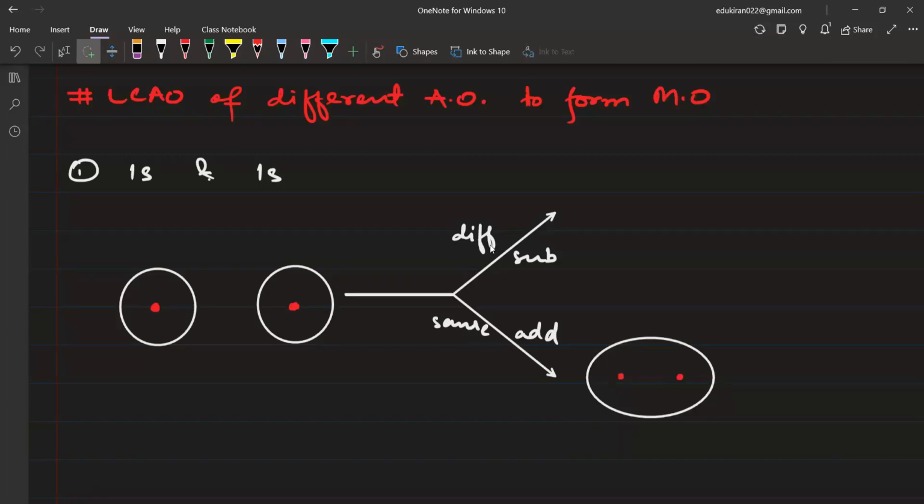Okay, now when there is anti-bonding molecular orbital, then what is going to happen, please? Also one more thing I can write here: both having same phase, plus plus or minus minus, plus and plus phase. And here in the anti-bonding molecular orbital, you have the nucleus, and here is the nucleus of the other atom, and there is no electron density, meaning minimum electron density between both of them.